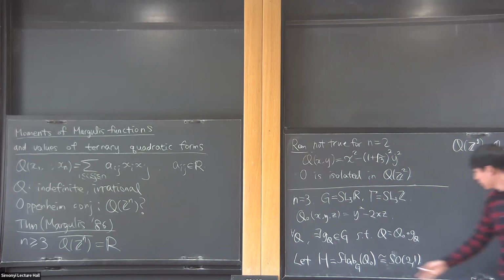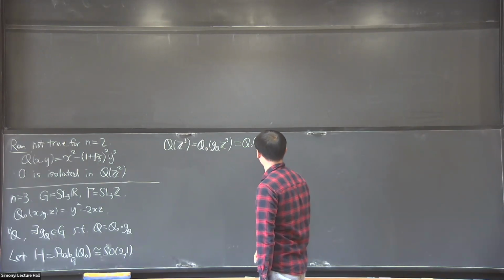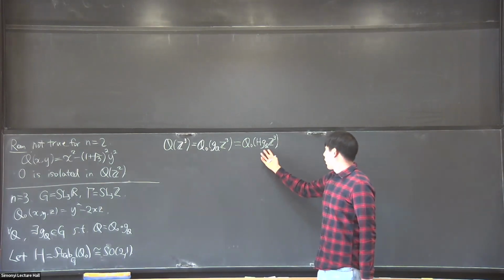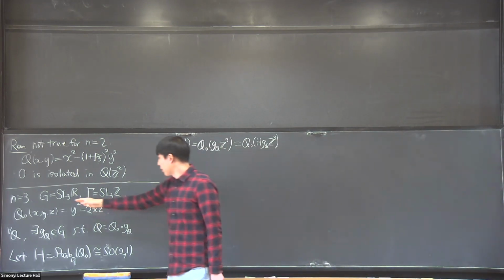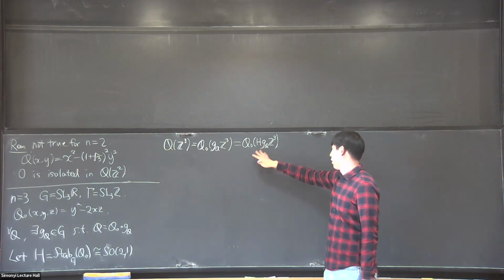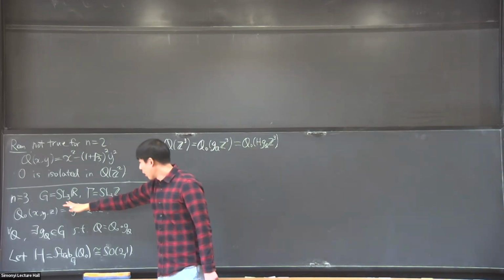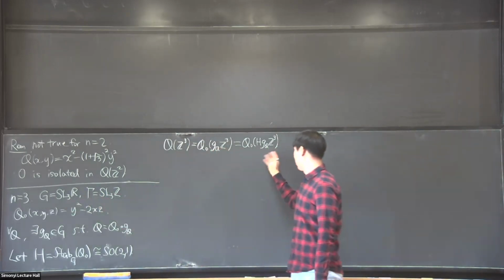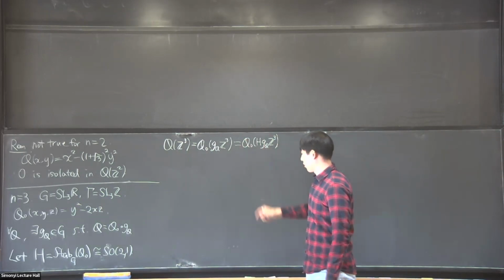And again, Q0 is invariant under this H. One can identify the lattice g_Q Z^3 as a point in the homogeneous space G mod Γ. So this means that if we manage to understand the behavior of H orbit in SL3(R) mod SL3(Z), then we'll also be able to understand this image set.